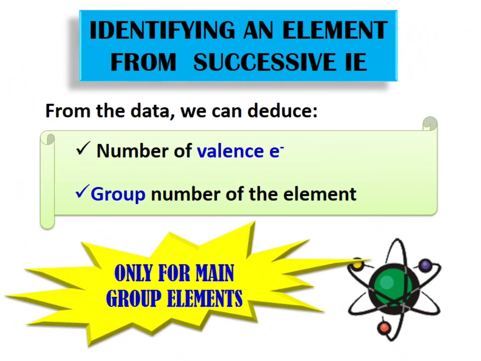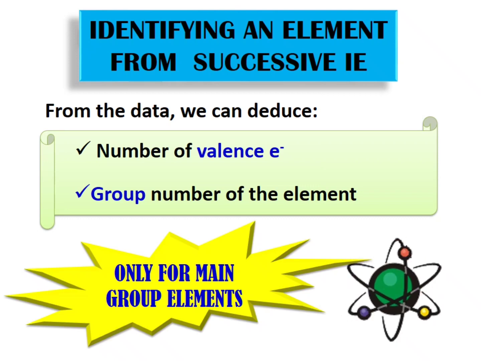Okay guys, just now I already said that successive ionization energy is only for main group elements, which are group 1, group 2, group 3 until group 18. So from successive ionization energy, you can deduce the number of valence electrons of the element and the group of the element. So you boleh tahu sama ada dia group 1 ke, group 2 ke, group 13 until 18.